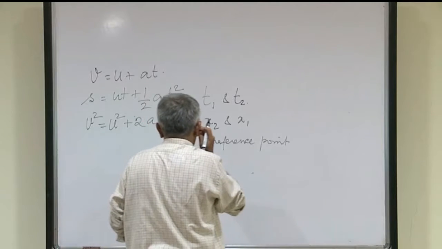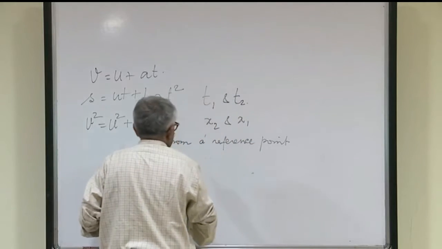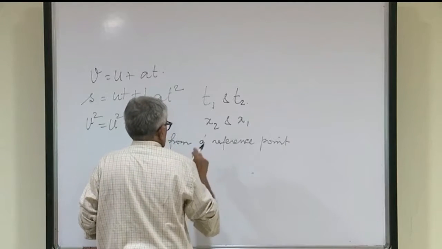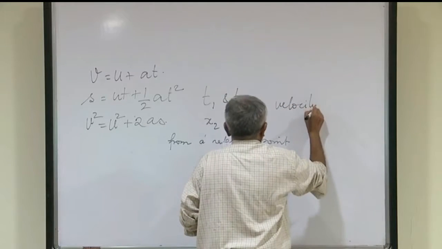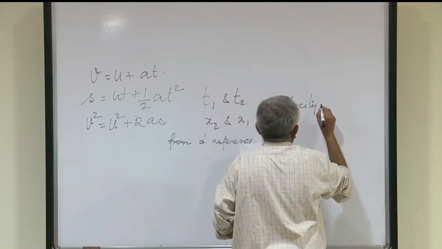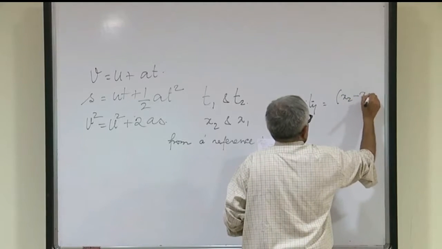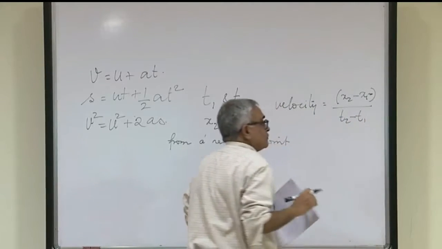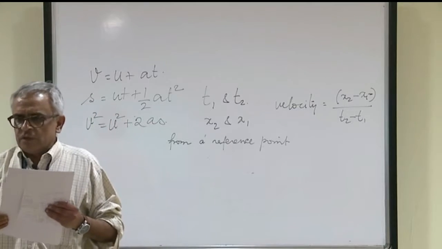The distance traveled is, first, then velocity is nothing but x2 minus x1 divided by t2 minus t1.